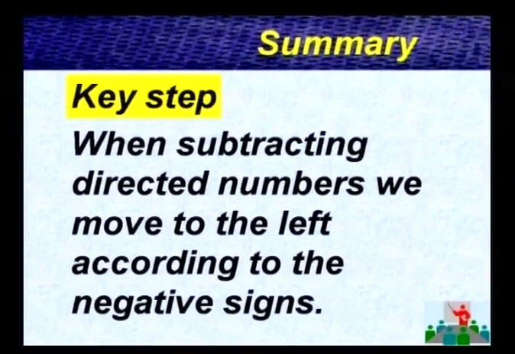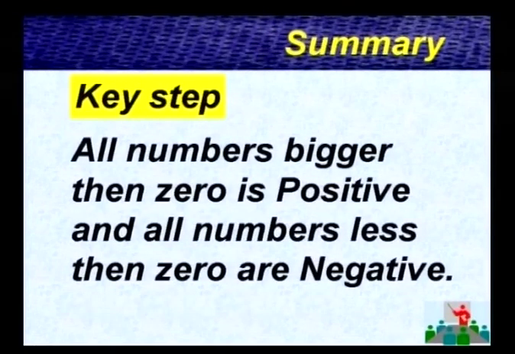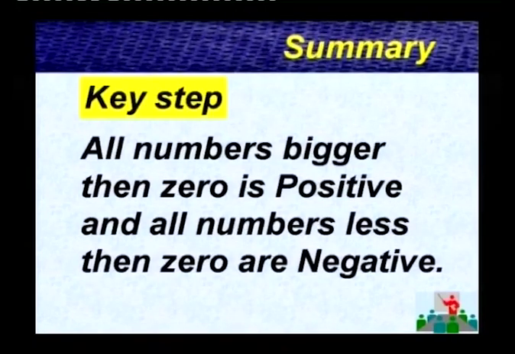Hope we remember which side is negative and which side is positive on the number line. The last one. Okay, remember those 3 key points or key steps for us to follow.